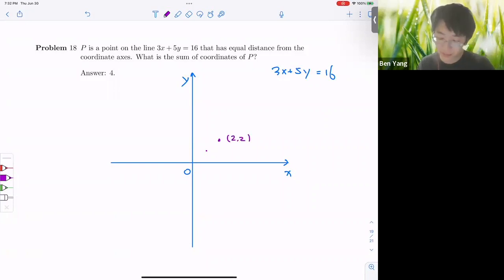And then let's find another one. If x is equal to -3, then y is equal to 5. So x is -3, y is equal to 5, somewhere here. Then we would just connect the two points to draw our line.